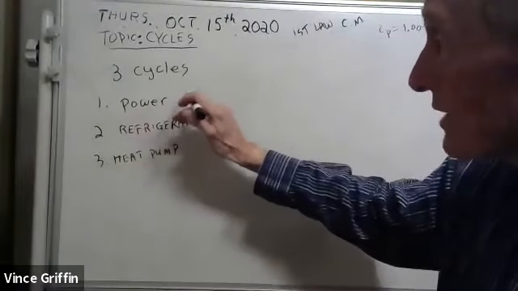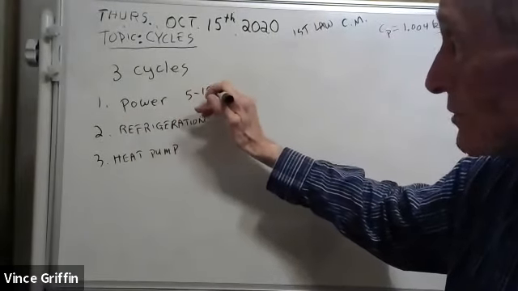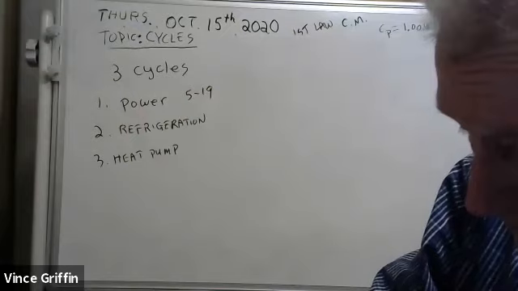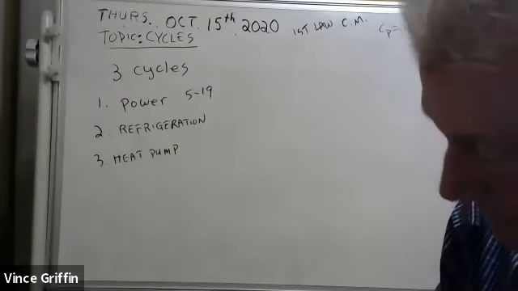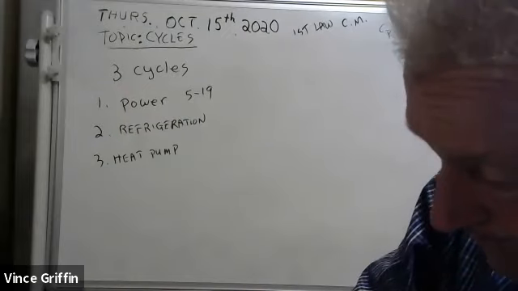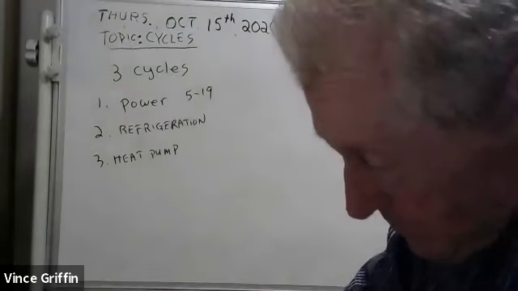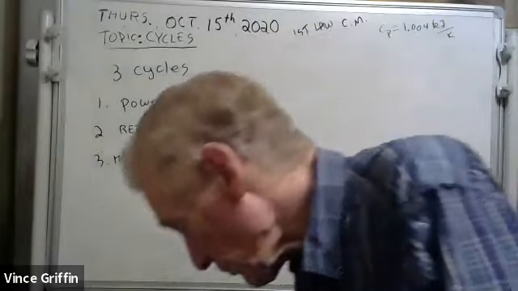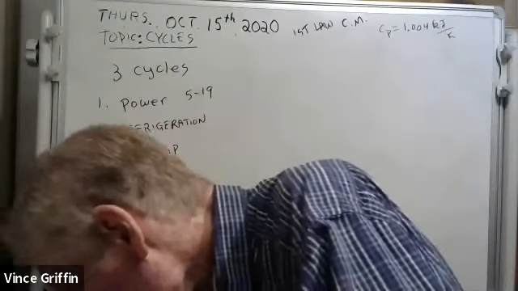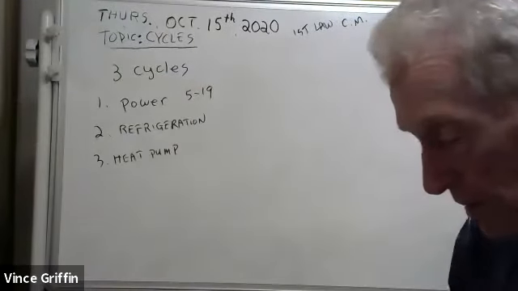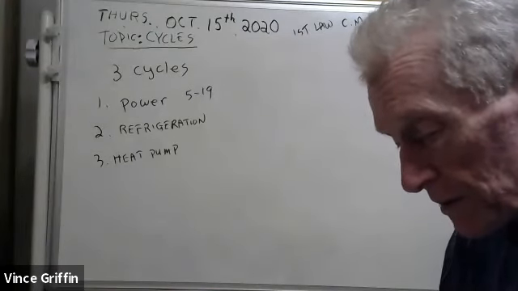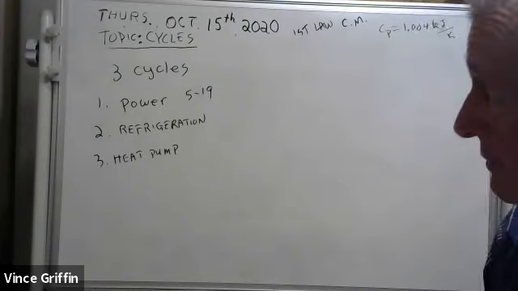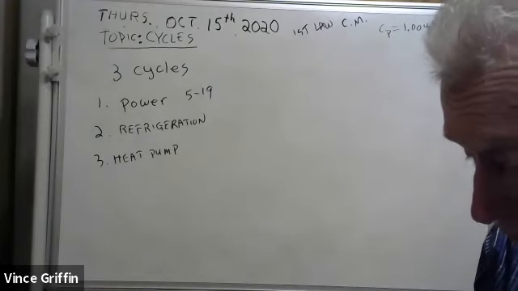That 519 is a power cycle. We'll talk about it first, but I need to tell you about all 3. Now, power cycles, they have diagrams in the book of power cycles. Let me find one here. Just a minute, I got lost. This would be chapter 5.